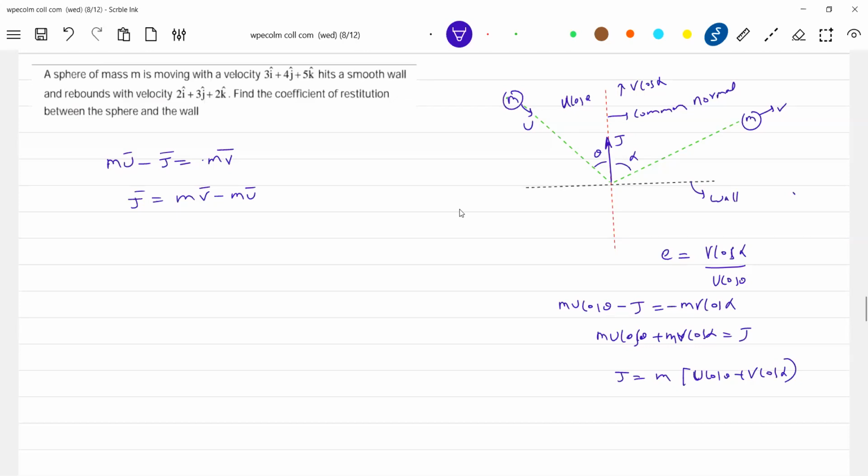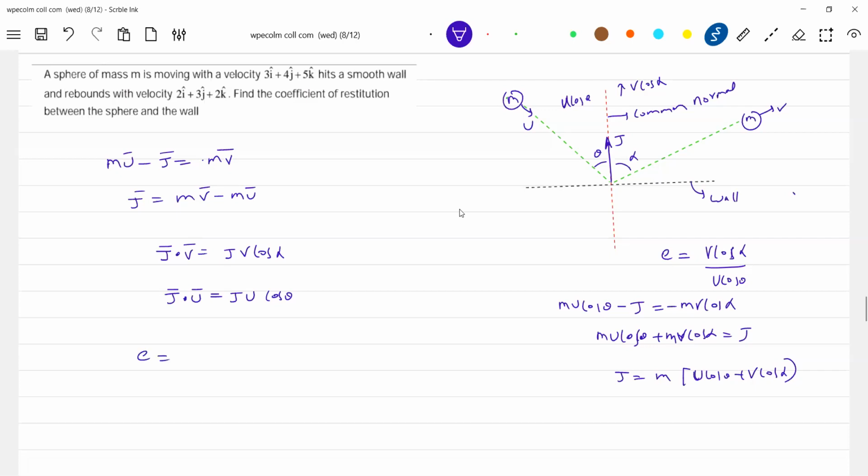So I'll jump into the discussion like this. j bar dot v bar, what can we write it as? j v cos alpha. Similarly, j bar dot u bar should be equal to j u cos theta. We wanted v cos alpha, so I'll take help of this equation.